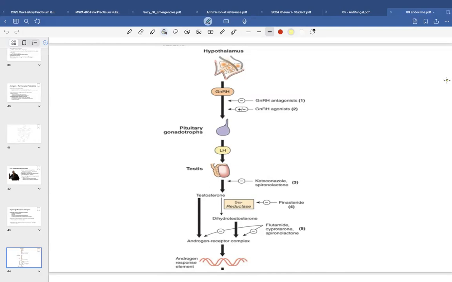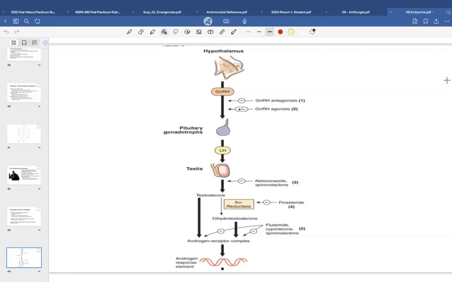Gonadotropin releasing hormone agonists, for example, work way up in the hypothalamus to at least initially increase pituitary LH output, but then over time will cause feedback suppression of androgen secretion. 5-alpha reductase can be inhibited by certain drugs, to favor testosterone in the circulation.